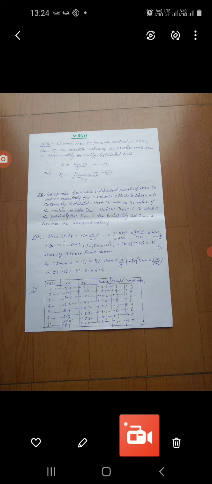Now we allot ranks. We start from 0.1, so we allot it rank 1.